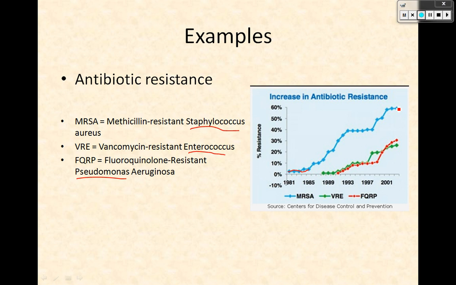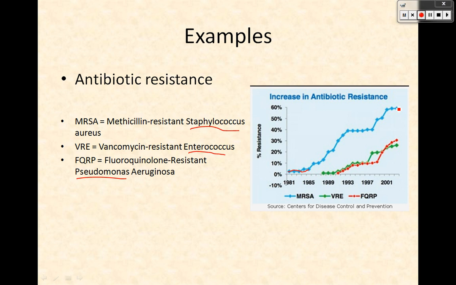Now, these are bacteria that have been around harming humans for hundreds of years, right? They didn't spring up in 1981. But we can really see over the past 30 years a huge increase in resistance because we're creating environments where it's advantageous to be immune to these antibiotics, which is why your doctor will tell you you don't want to take antibiotics if you don't need them, because that encourages more and more bacteria.